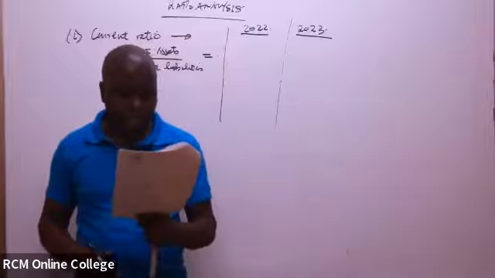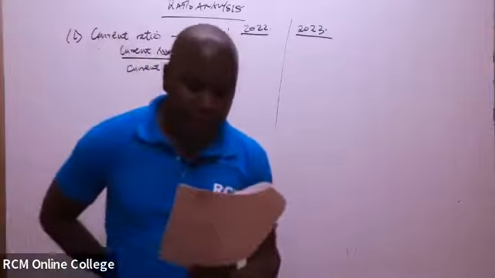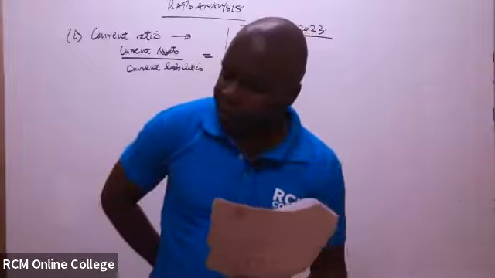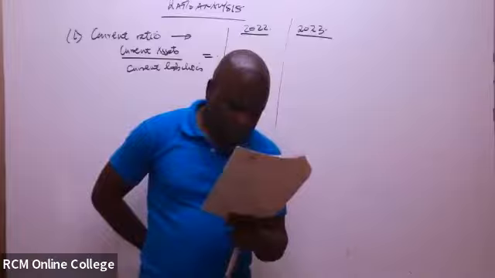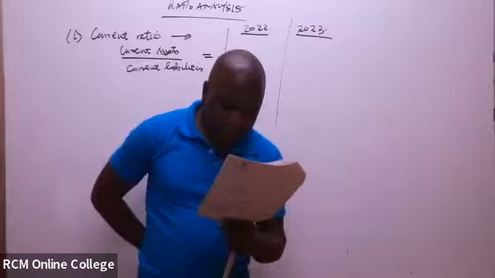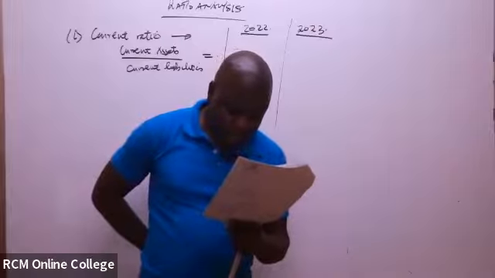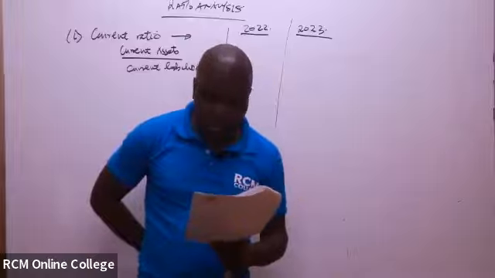Omondi, for 2022, which figure divided by which figure? I can see 3110 over 1915.